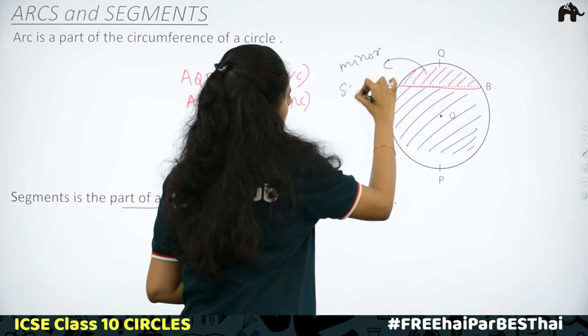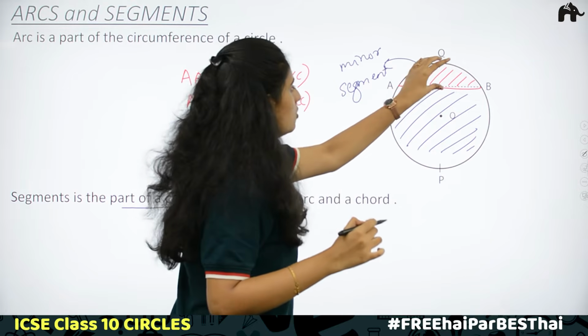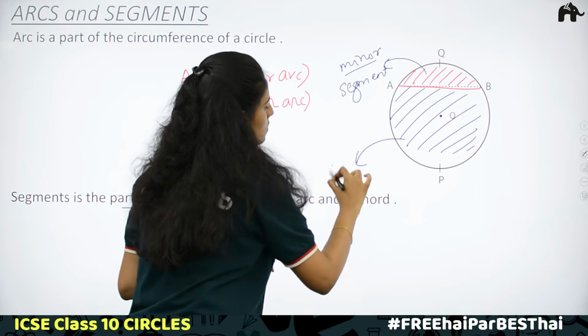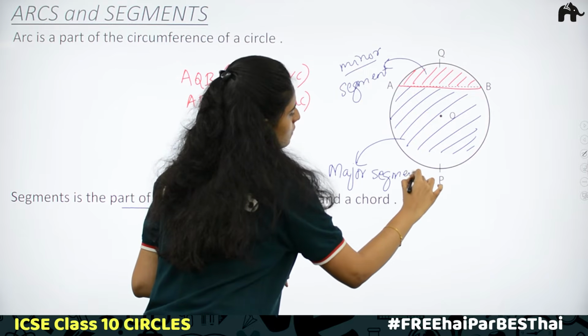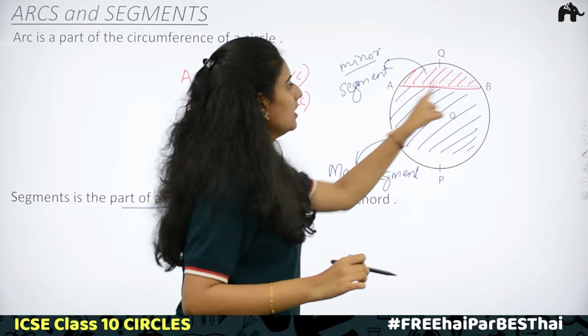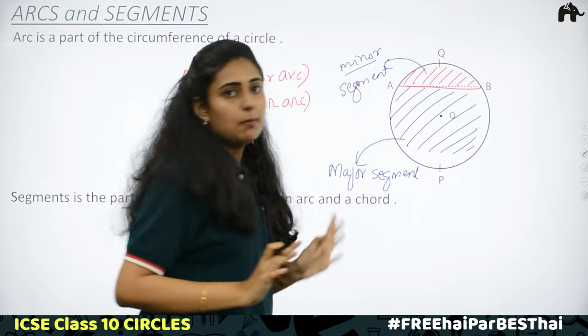Minor segment. From this figure it is clear that this is a small portion, right? So, small portion, therefore, minor segment. What about this? This will be the major segment. The major segment is formed by the major arc and the chord AB.